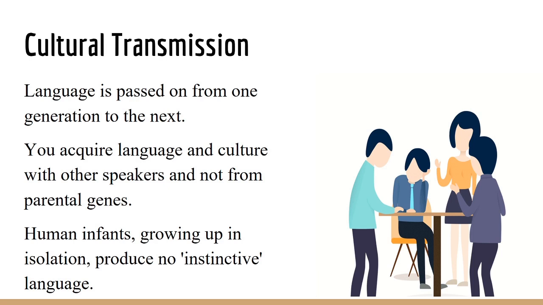For example, an infant born to parents who are speakers of Hindi language but adopted by parents who speak Assamese, the infant will speak Assamese. However, he may learn Hindi in the future. Human beings are not born with the ability to produce utterances in a specific language, such as English or Assamese.